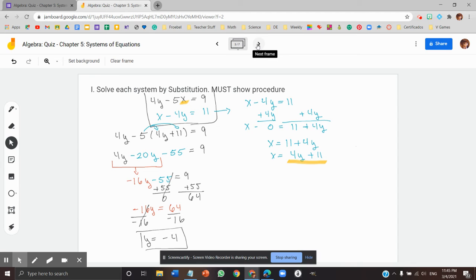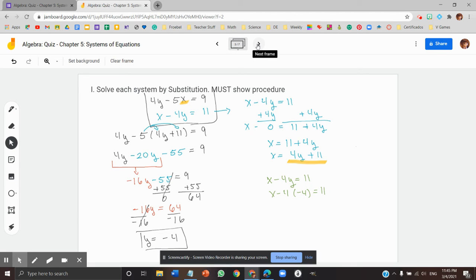Again, I can choose now any equation from the original to solve this. I'm going to take the second one. So for example, I have here my second one, x minus 4y equals 11. And I already know that y is negative 4, right? So I can substitute here that y by negative 4.